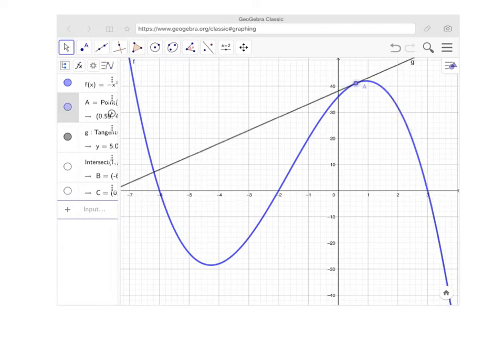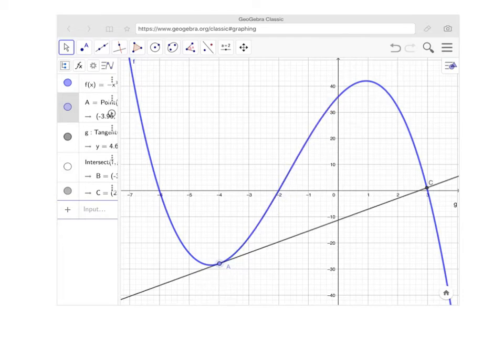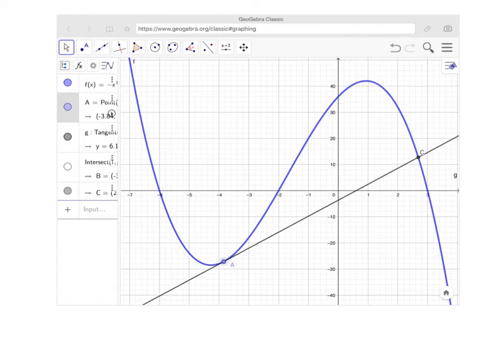Now, what I want to emphasize is that this graph may also have a point here. You can see there's a point A, right? But this straight line also intersects the graph at another point, which is called C here.